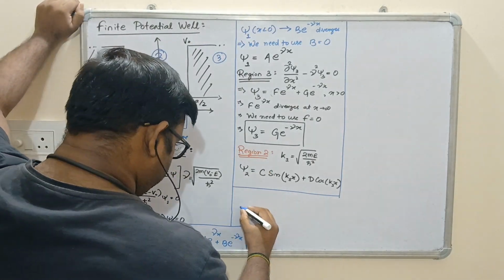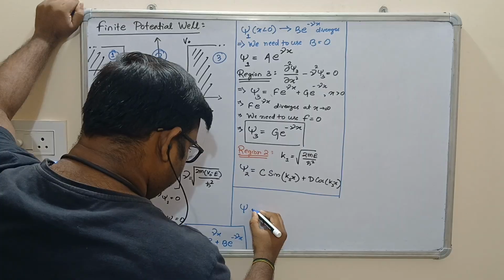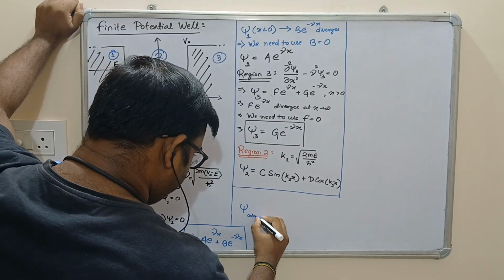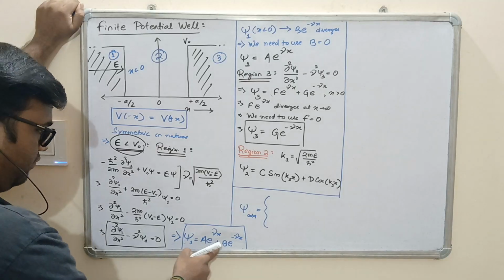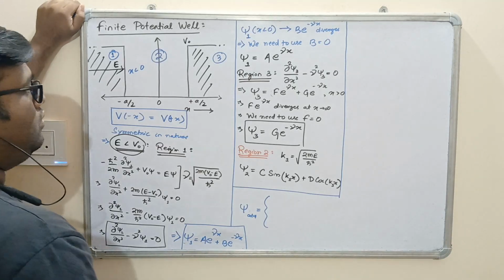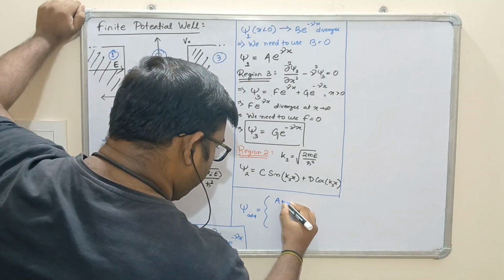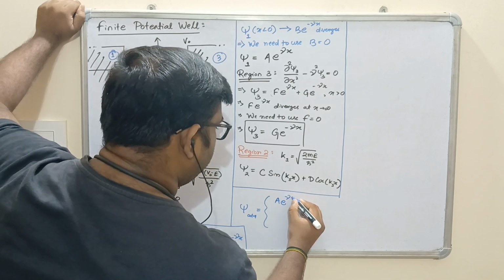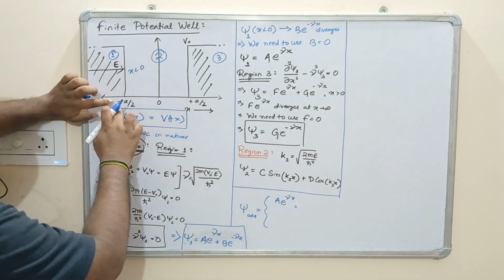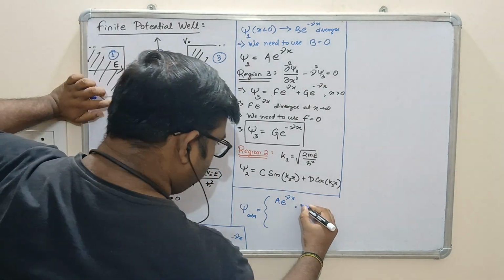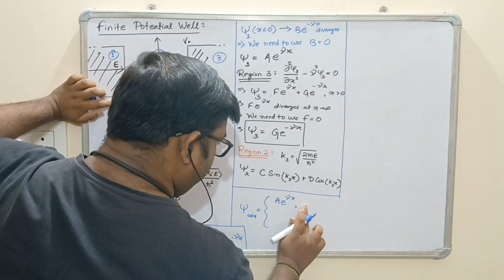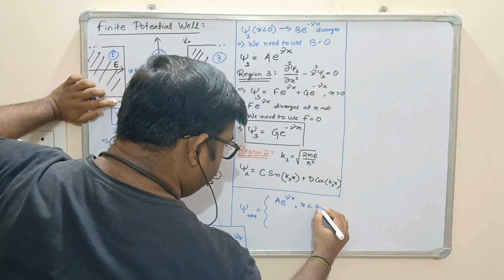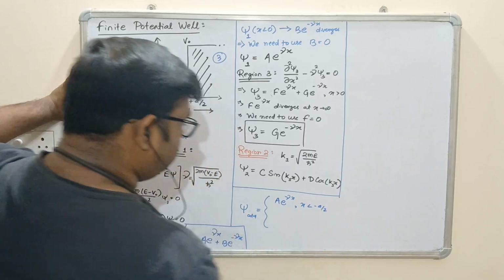Now psi odd is equal to what? First we will have a e to the power nu x, for x less than minus a by 2.